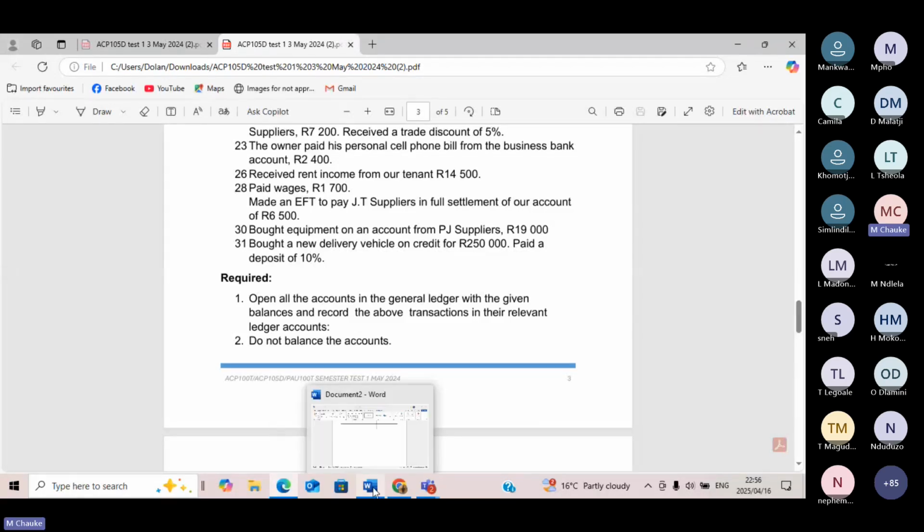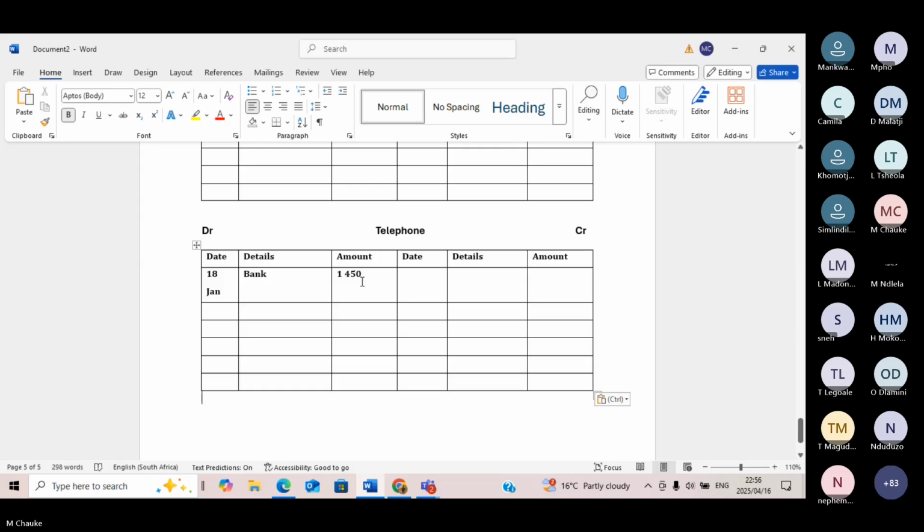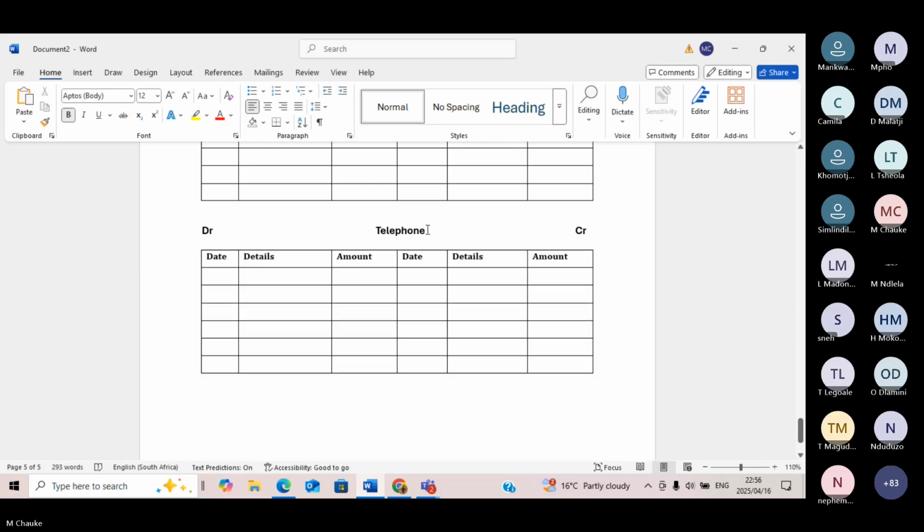We have to create another vehicle account. Vehicle, remember, is an asset, right? So vehicle. Okay, and then vehicle, they say you bought it.